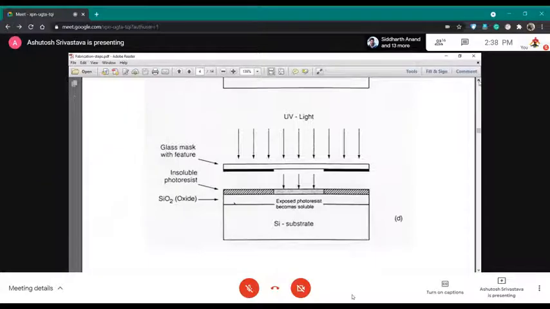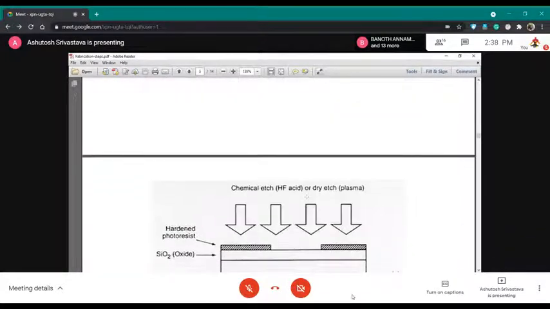So this part is the insoluble photoresist, while the part exposed to the ultraviolet light is the soluble part of your photoresist. Remember, photoresists are two different types, positive and negative. We shall not go into detail.